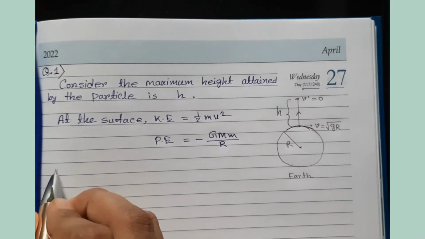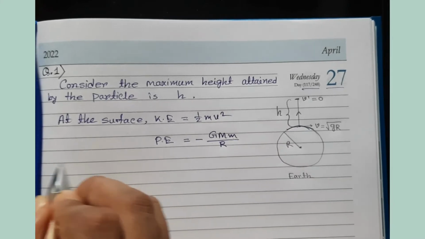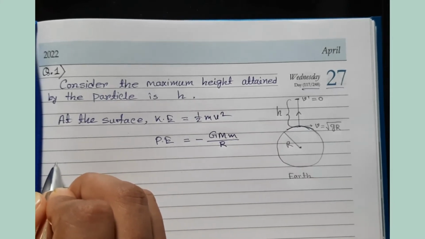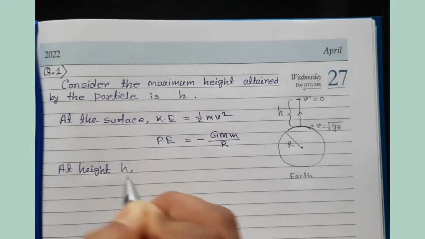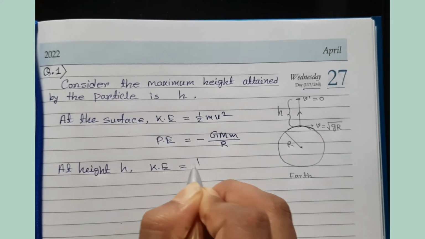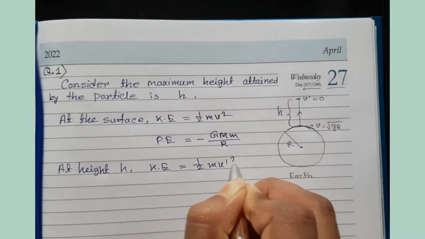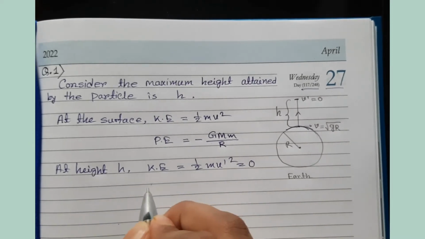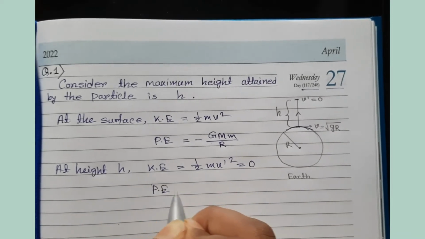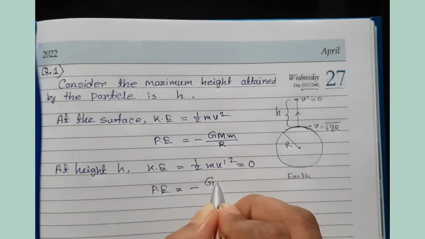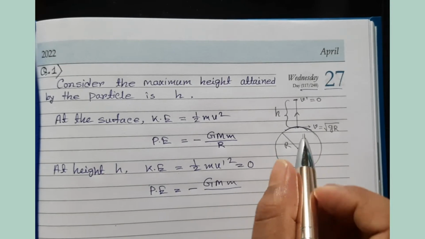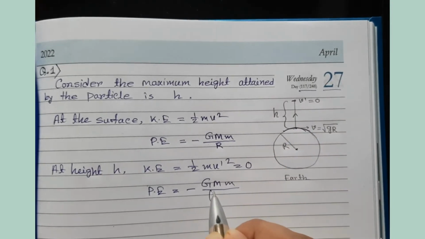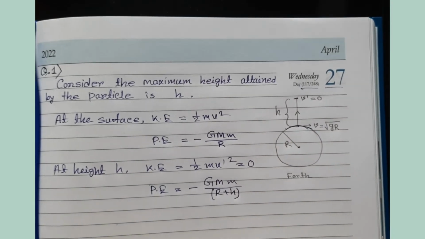Now at height h, kinetic energy will be half mv prime square, which is 0. Similarly, potential energy will be minus G M m by the total distance, which is R plus h.